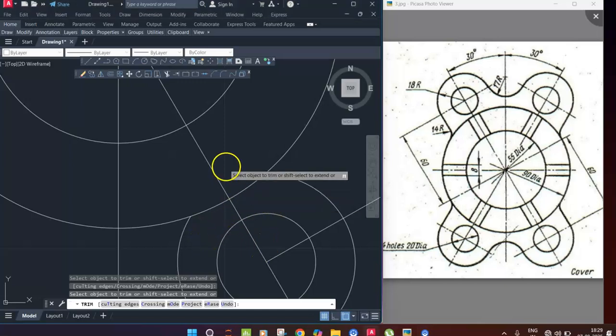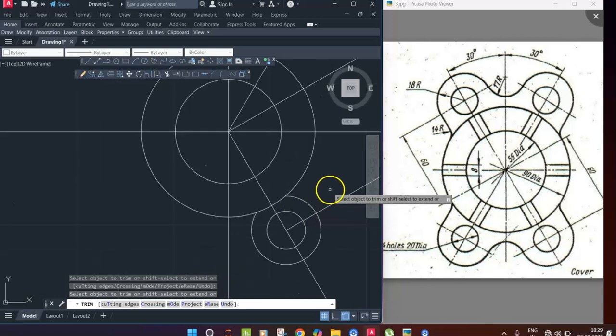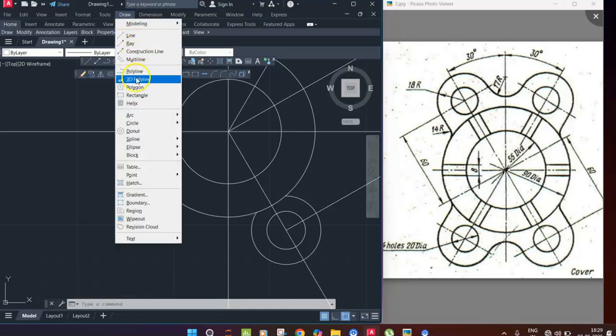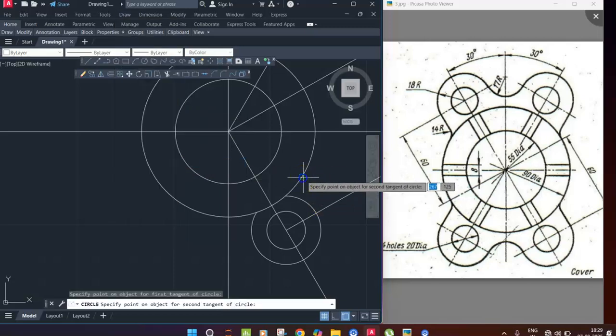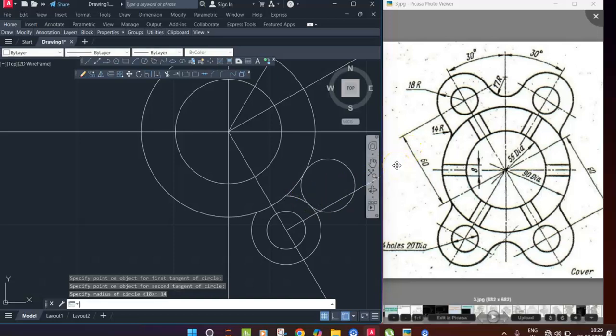Later on, use the command tan tan radius. Draw circle tan tan radius. This is my first point. This is my second point. What is the radius? 14 radius.